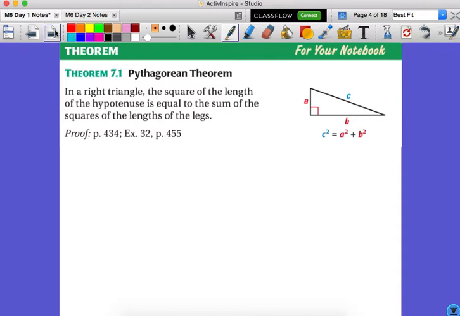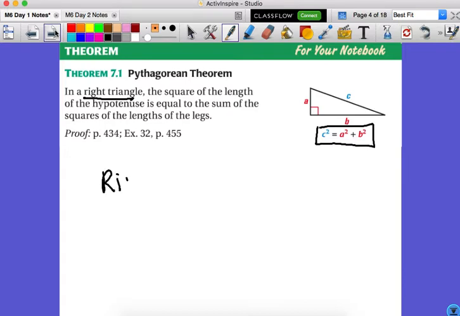So Pythagorean theorem says if we have a right triangle, then the two legs added together once they're squared will equal the hypotenuse squared. So a squared plus b squared equals c squared. Now you'll notice that we've written this backwards from how we normally write that. And there's going to be a purpose for that here in just a little bit.